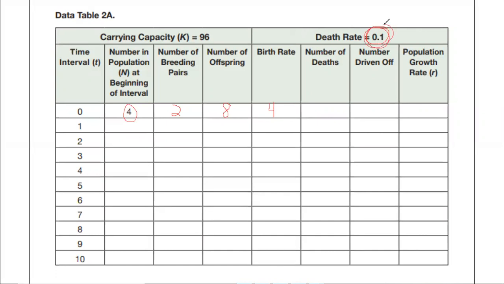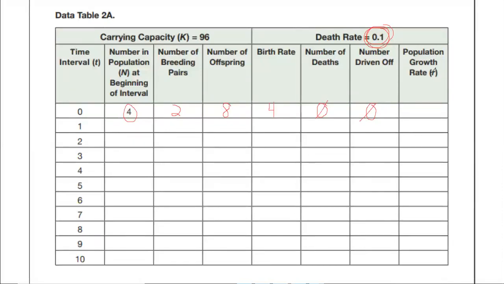So you have to multiply that by how many individuals you had. And if it doesn't hit the number 1, it's automatically a 0. So for me, it was a 0. Number driven off, you can look in your lab and see how that's calculated. I didn't go over carrying capacity. So if you go over 96, you're going to drive birds off the island because they can't stay. I'm not over 96 at this time period, so mine would be 0.